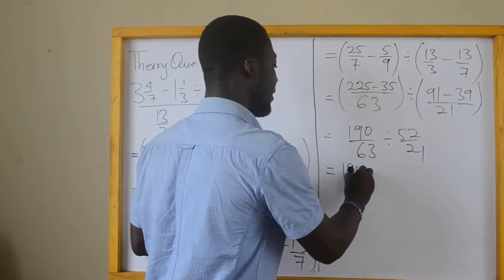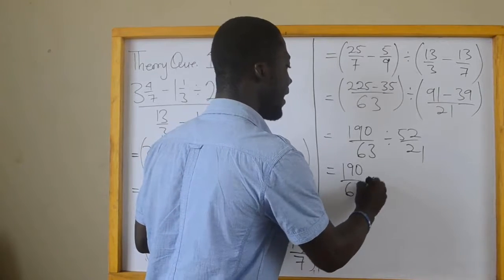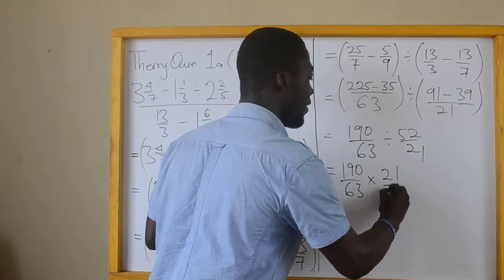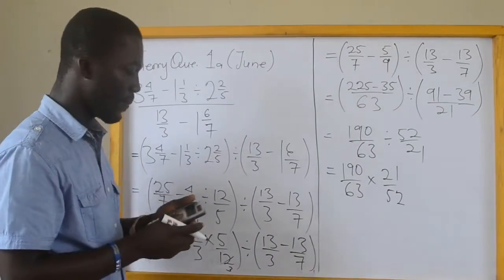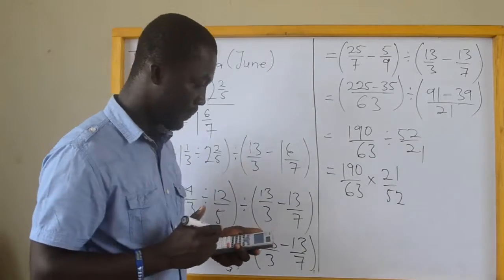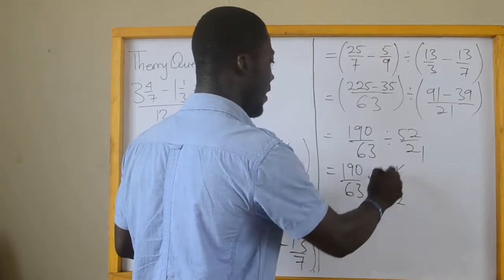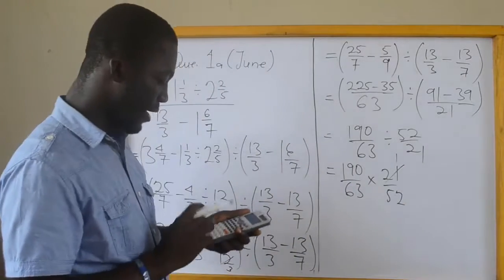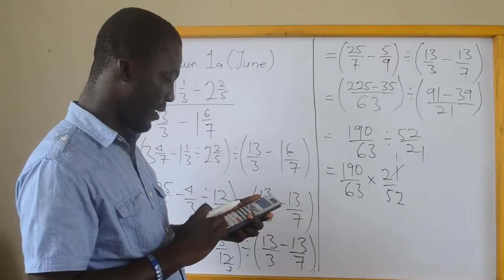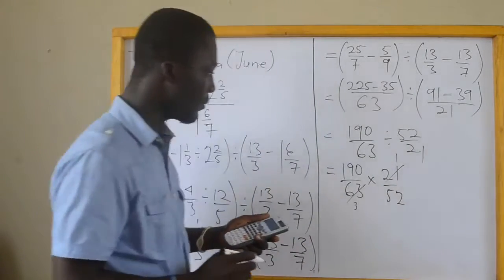We can rewrite this as 190/63 times, then we will reciprocate the fraction, 21/52. So let's think about some cancellation. 21 can go into itself once. 21 goes into 63 3 times.